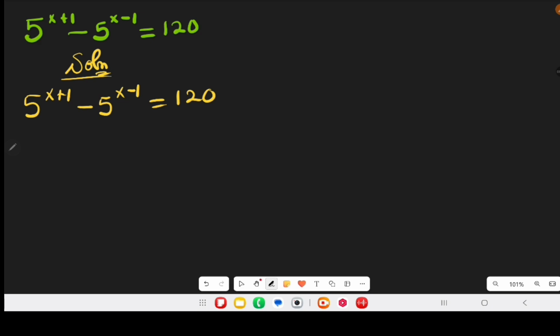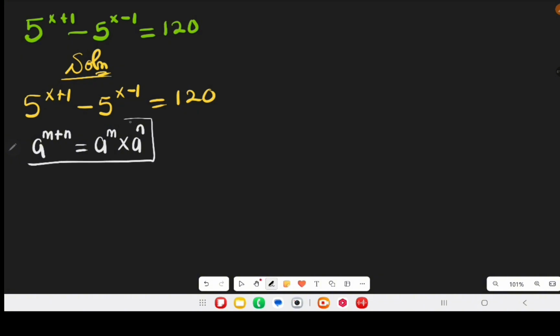At this point, we apply the product rule of indices and the division rule of the laws of indices. The product rule states that when we have a raised to the power of m plus n, it is the same thing as a raised to the power of m times a raised to the power of n.